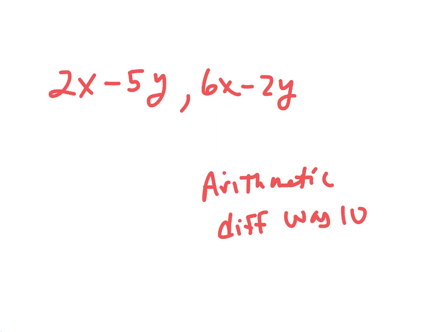That would be a true equation. If it's arithmetic and the difference was 10, what's an equation you could write? I'm going to put a comma and a dot, dot, dot to imply this is just the beginning of a sequence.